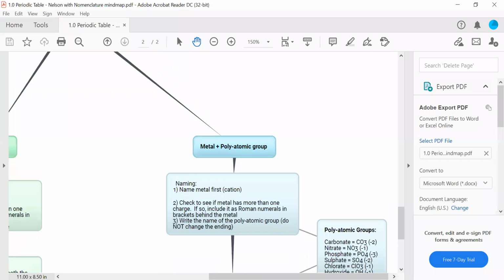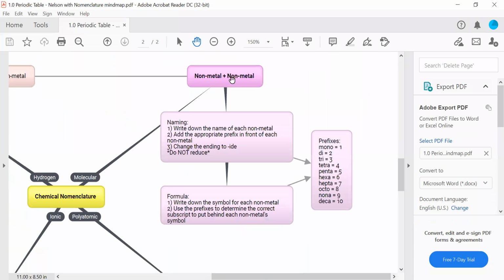Again, using this flowchart, non-metal plus non-metal. When you're naming them, write down the name of each non-metal, add the appropriate prefix in front. So mono, di, tri here in this chart. Do not reduce. Okay, so looking at the top right, that purple section for molecular compounds.